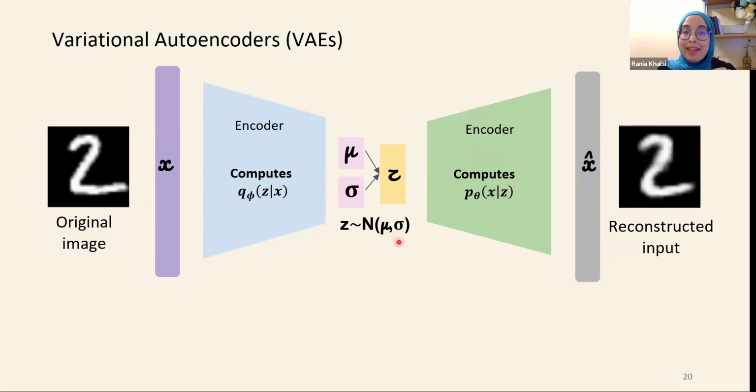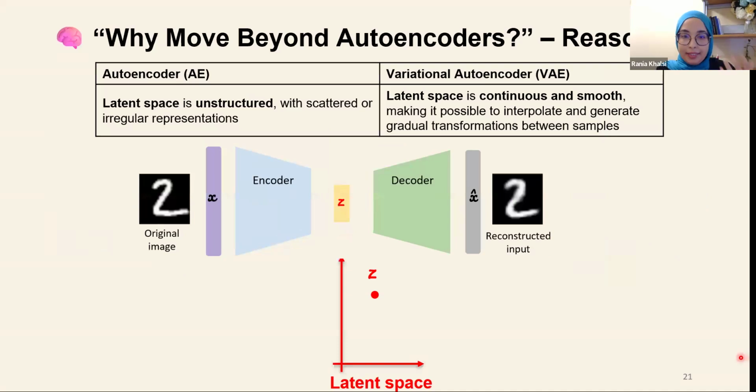This is the mathematical trick that makes variational autoencoders generative. It organizes the latent space and makes it continuous, allowing interpolation and sampling to produce realistic outputs.